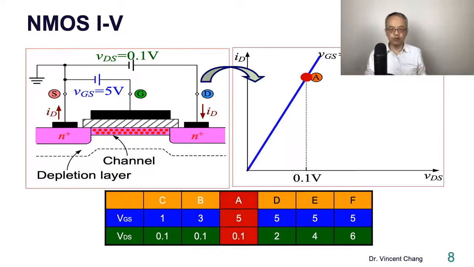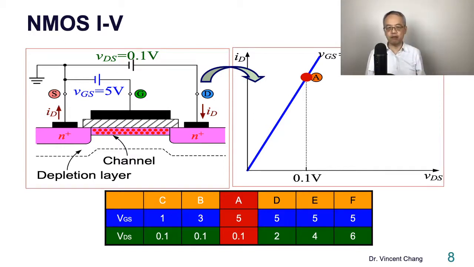The uniform distribution of the channel represents the linearity between the ID, the current, and the voltage VDS. In other words, the behavior of this device at this point is similar to a linear resistor.